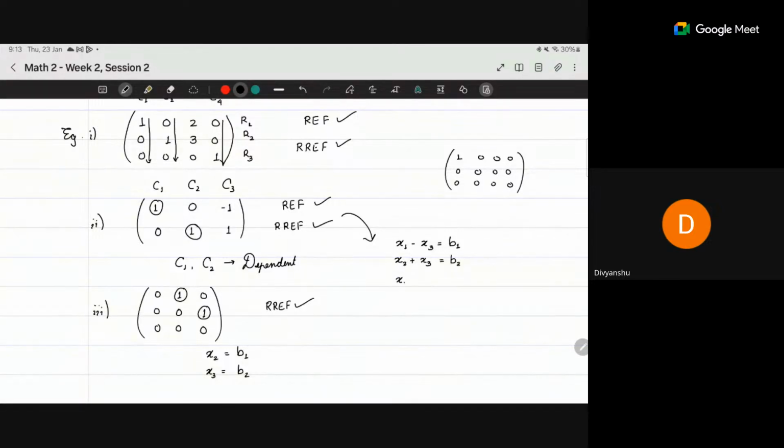So x1 is equal to b1 plus x3 and x2 is equal to b2 minus x3. Now x3 is an independent variable, which you can see from here also: C1, C2 are dependent and C3 is independent. Whenever you have an RREF form, the advantage is that you can take the independent variables to the other side, so all the dependent variables will be on one side and you can always write the dependent variables in terms of the independent variables.